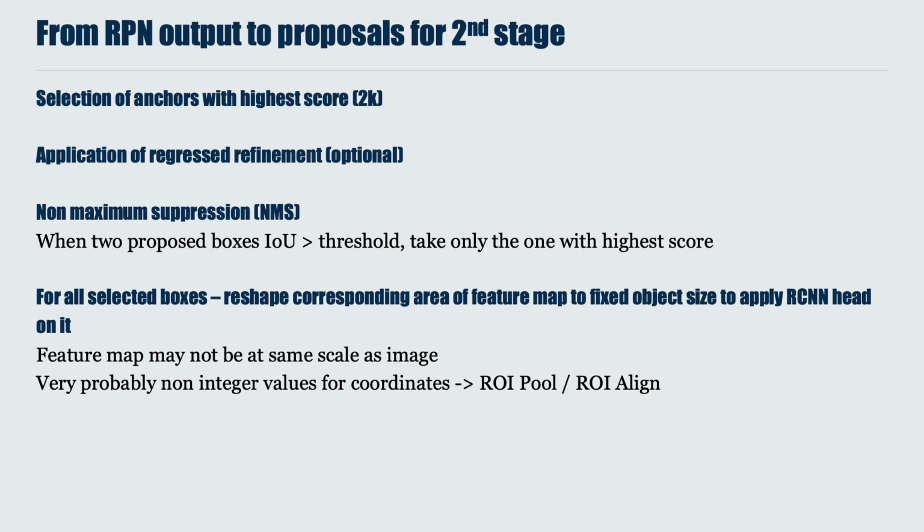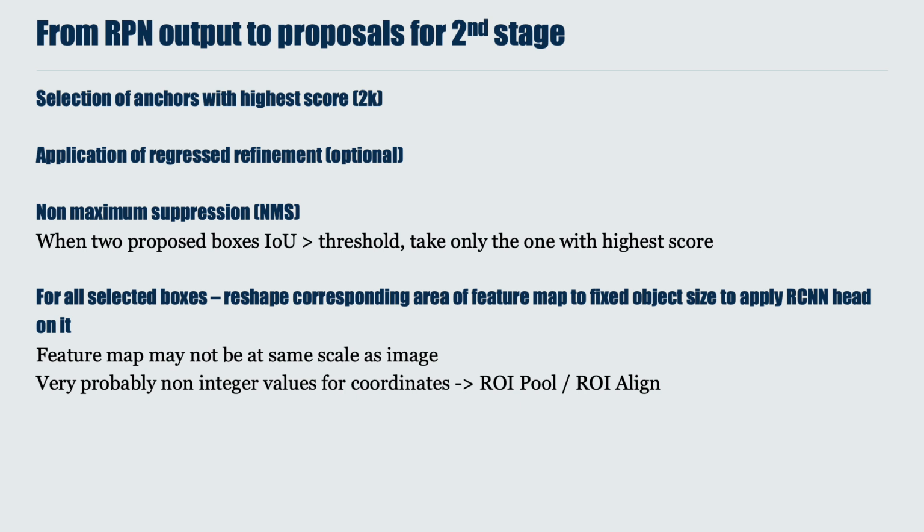And then for all the selected boxes, what usually happens is that we need to extract the features that correspond to those selected boxes. So we need usually to reshape the corresponding area of the feature map to a fixed object size so that we can apply the second stage, which is the RCNN head. And we can then classify or further refine the box.